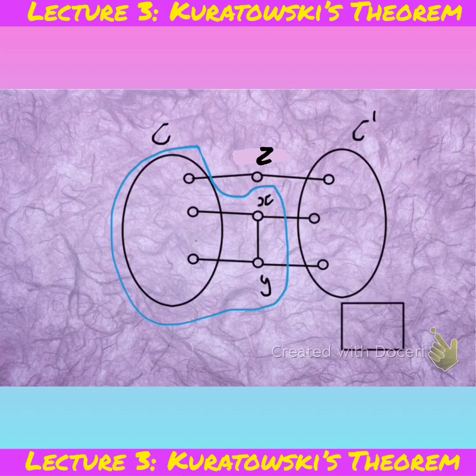What happens if it's disconnected? Let's pick a component, but I pick a component that does not contain that vertex, or that vertex. It's not part of the component that contains both X and Y.